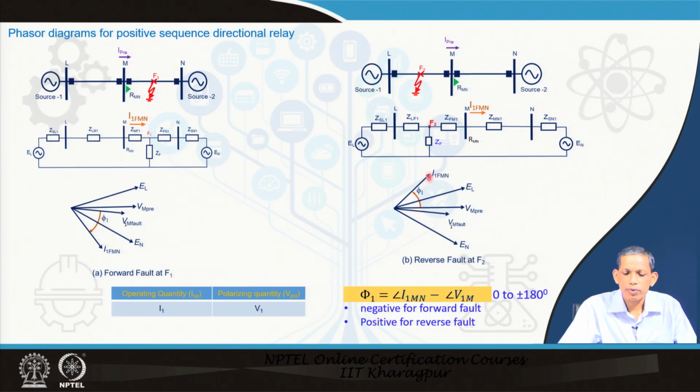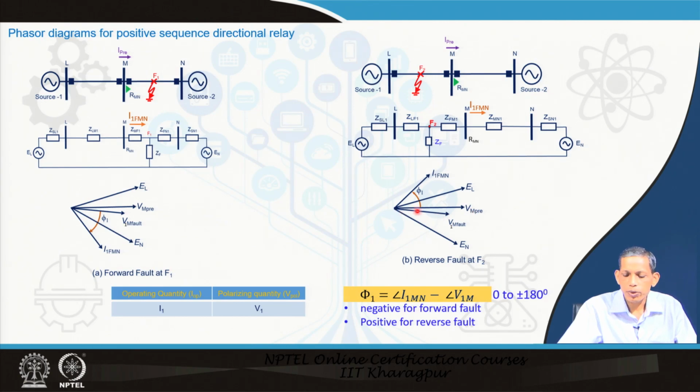Now, come to the reverse fault. This was reverse fault F2. For this situation, the corresponding equivalent diagram based on the positive sequence network will be like this, with the ZF depending upon the type of fault and the RF. Here in this case again EL, EN and Vm the pre-fault voltage.